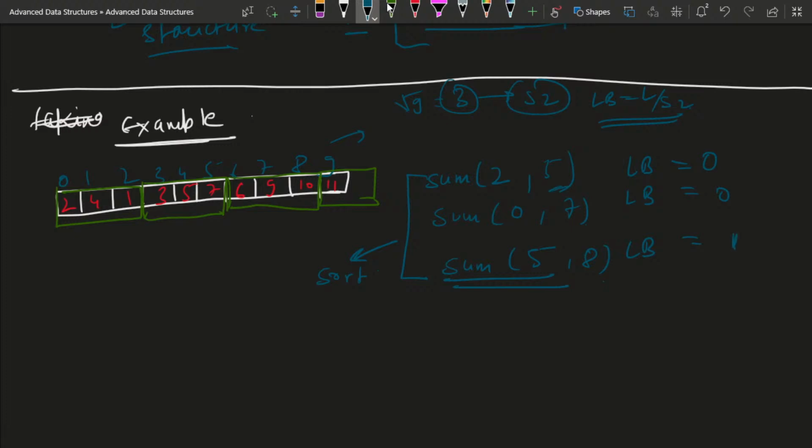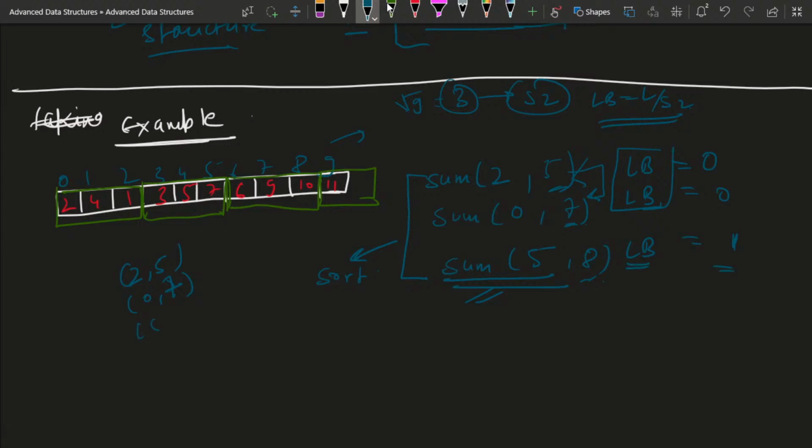Now these are my right limits. As the left block for these two is the same, I am going to sort on the basis of the right limits. The sorting result would be the same, 2 to 5 and then 0 to 7, and then as the LB here is 1, I get this query.